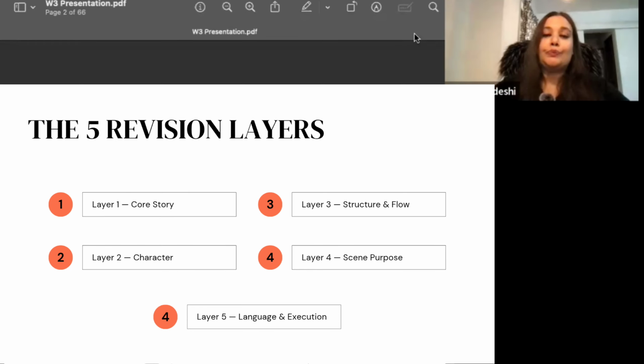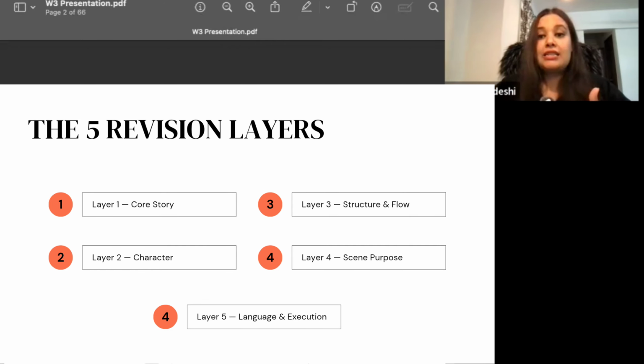So I was just telling that in the first workshop, we had covered the five layers of revision, how I have created this entire process of revision in which we divide the entire manuscript into five layers. The first one covers core story. It is made up of the theme, premise, and the emotional spine of the story.